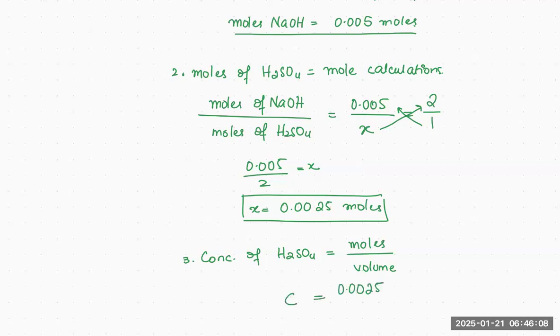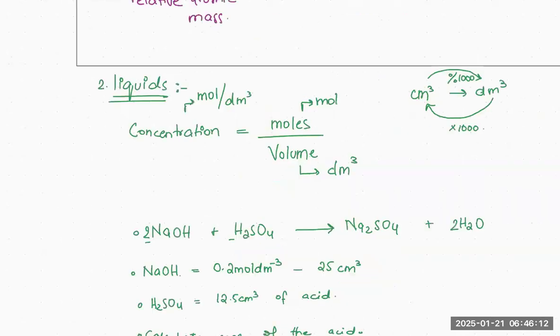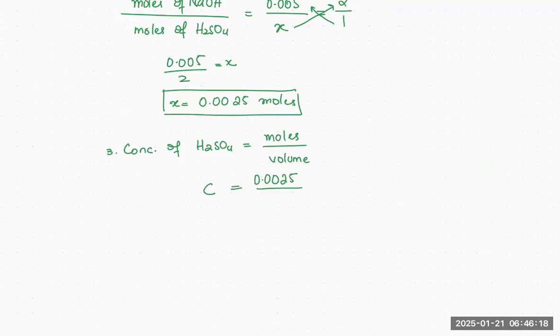The volume is 12.5, again in centimeter cube, so let's convert it into dm cube by dividing by 1,000. The concentration comes out as 0.2 mole per dm cube.